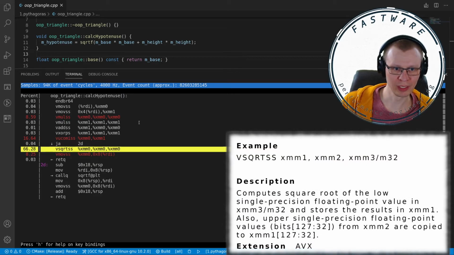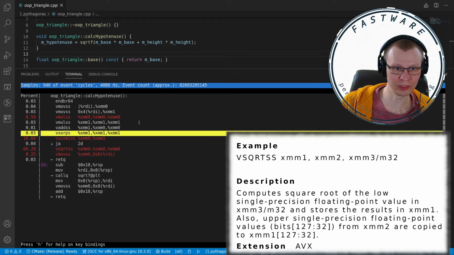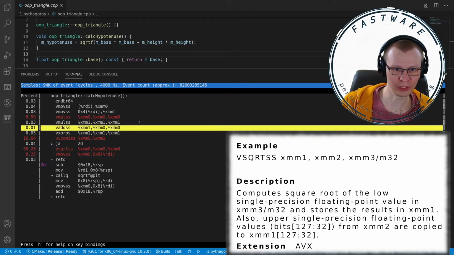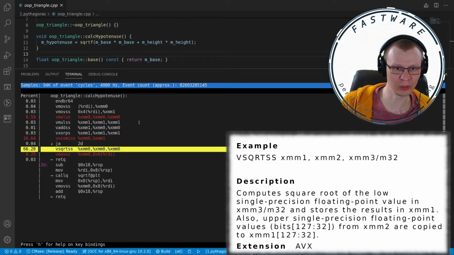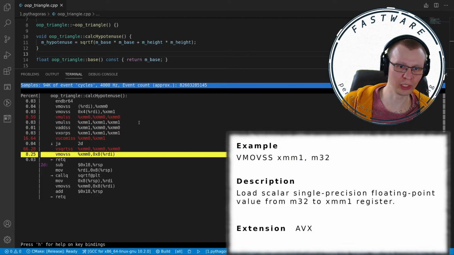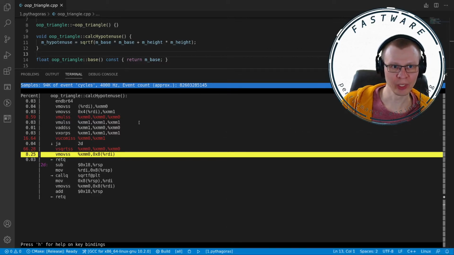So it does vector square root single precision of the XMM0 register, which is where we stored the addition. So the addition was stored into XMM0, and this is what we're doing, square root of that and storing it there. And then the last instruction moves back from XMM0, the result of the square root, into offset 8 of RDI.